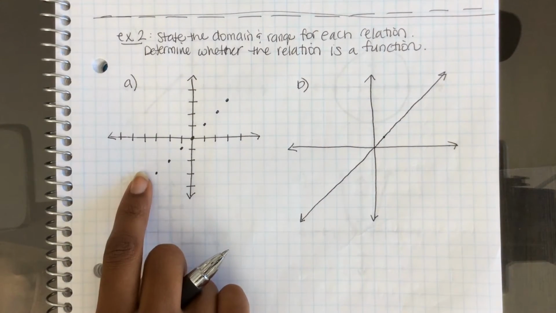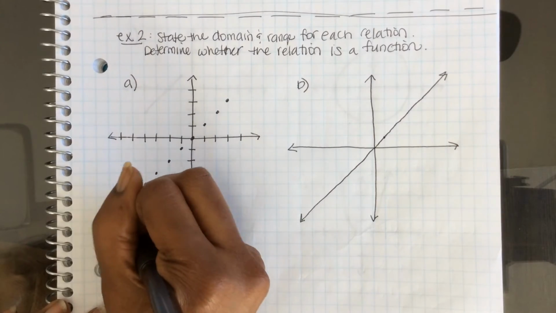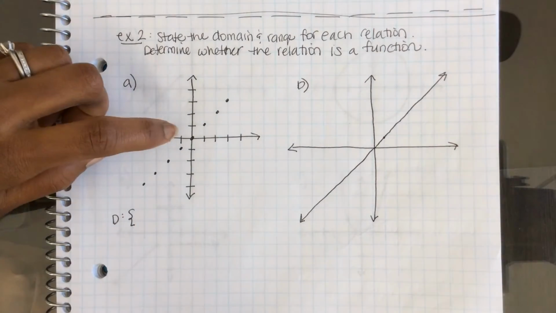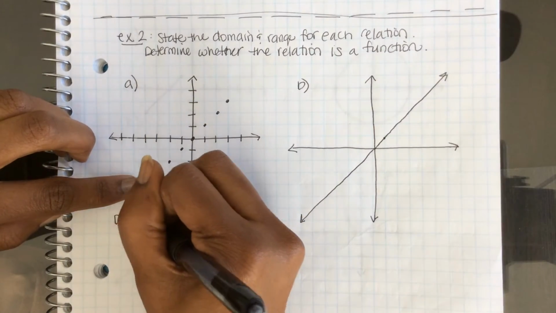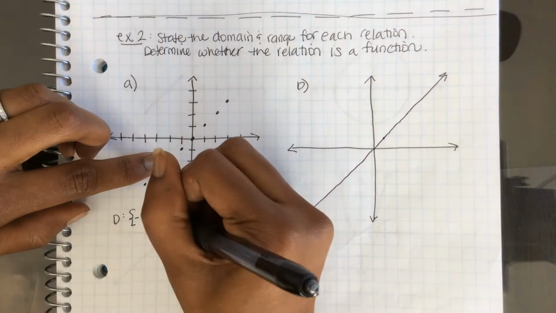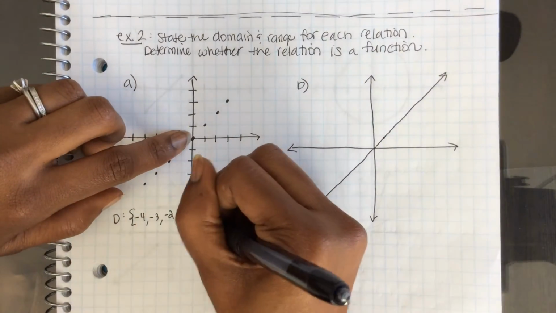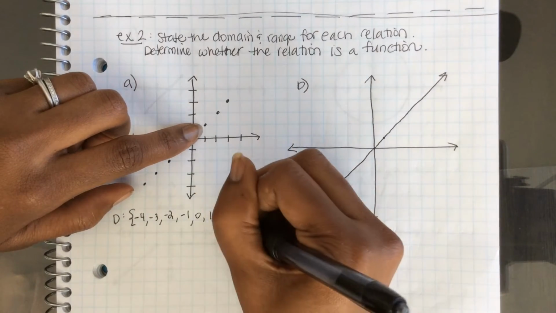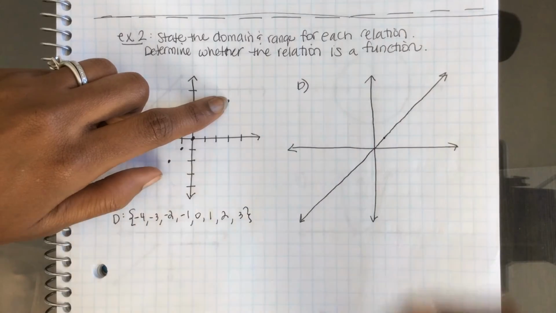So in this part A for the domain, I'm going to list all of the possible x values for each point. So this one is -4. This one is -3. This one is -2, -1, 0, 1, 2, and then finally 3.